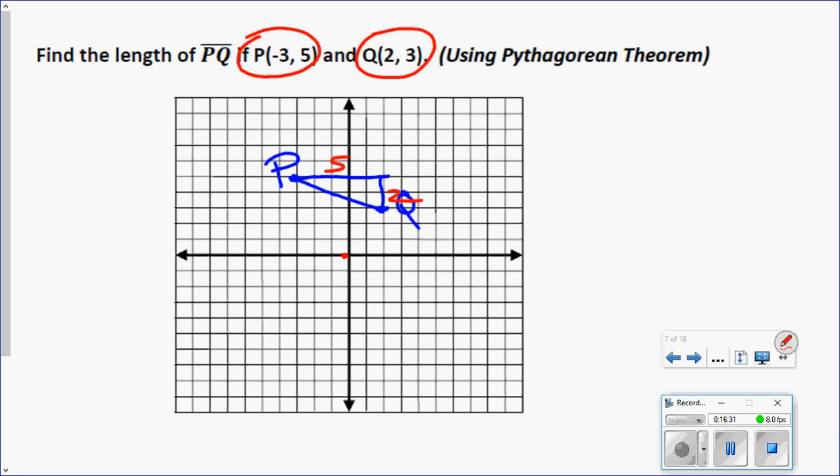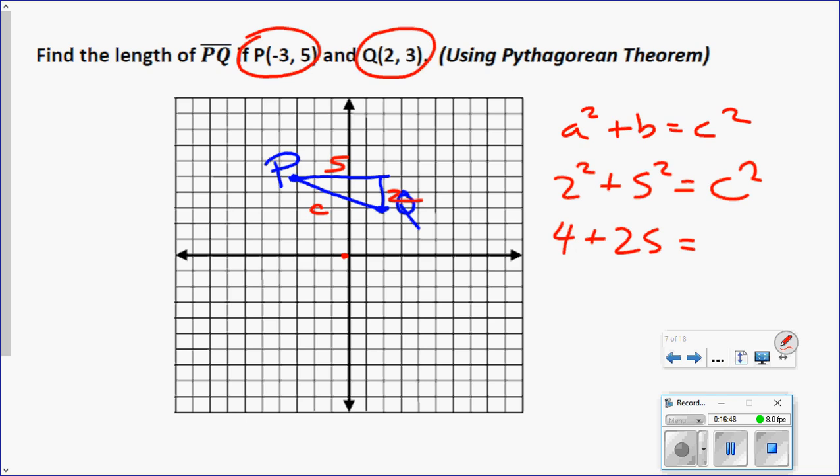And this distance would be our C if we did A squared plus B squared equals C squared. So 2 squared plus 5 squared should equal C squared. That's 4 and 25. So 29. I just need to take the square root of 29.